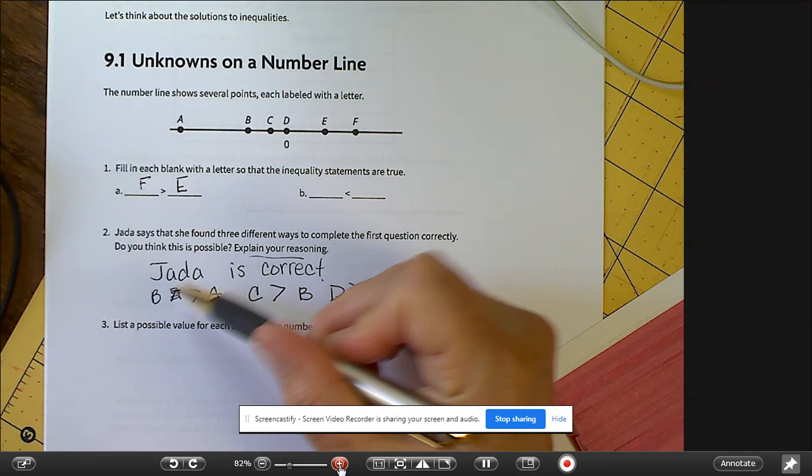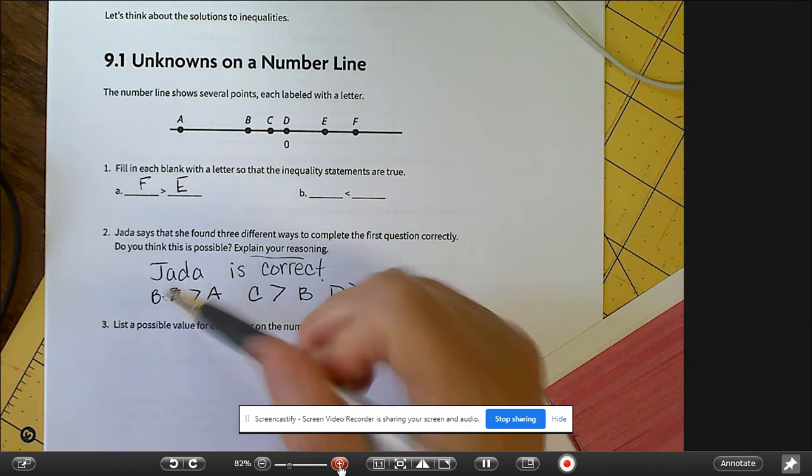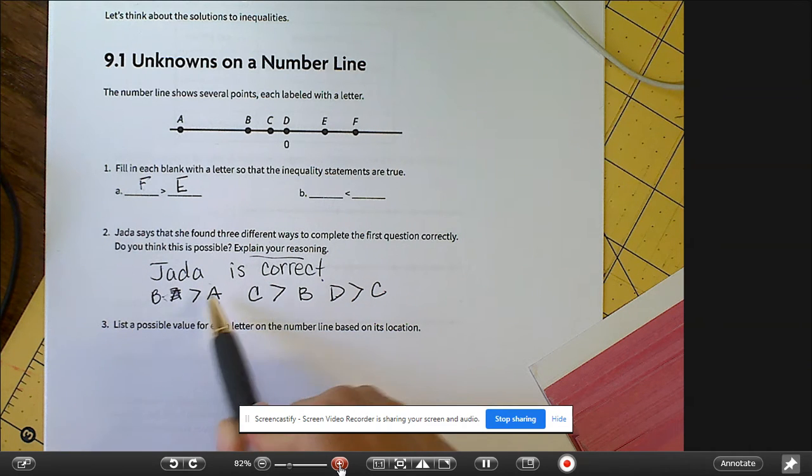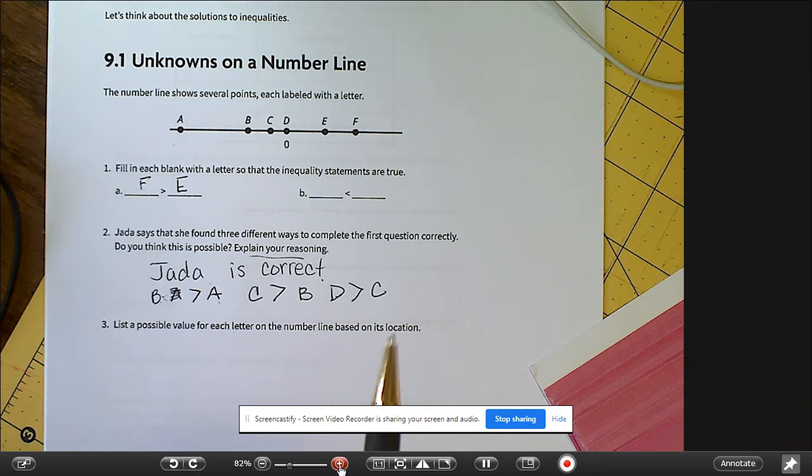Meaning A is to the left of the first number, or saying it the other way, the first number is to the right of the second number.